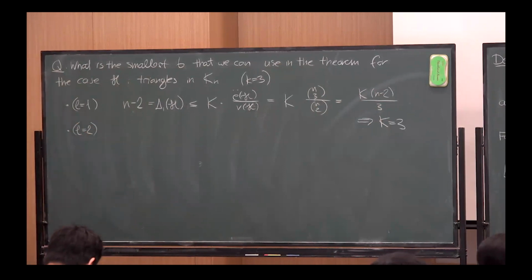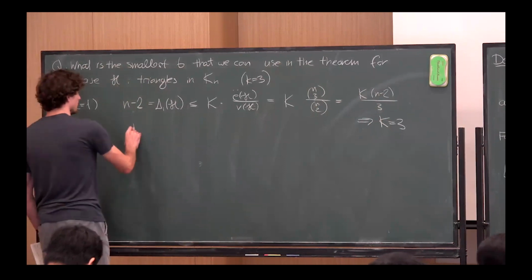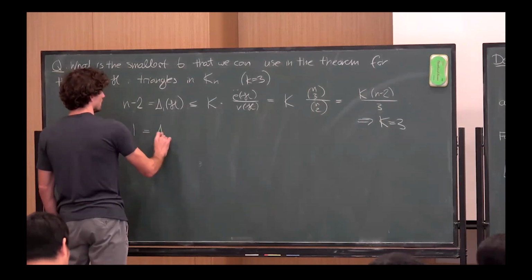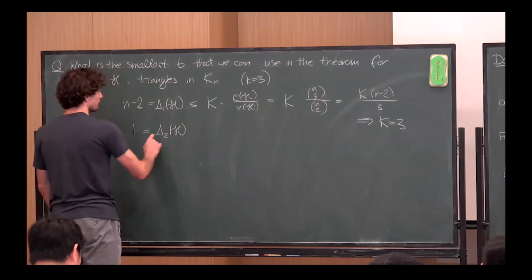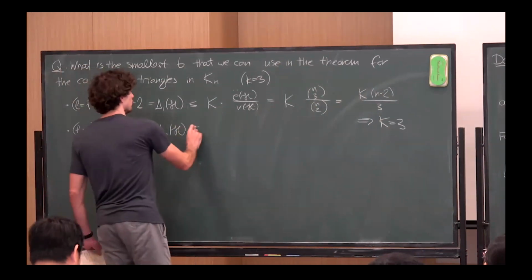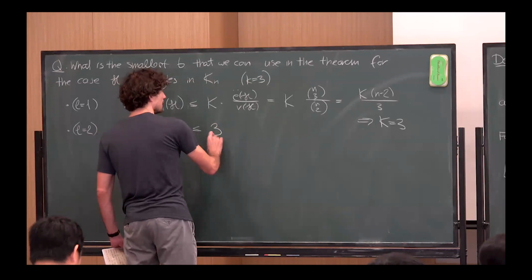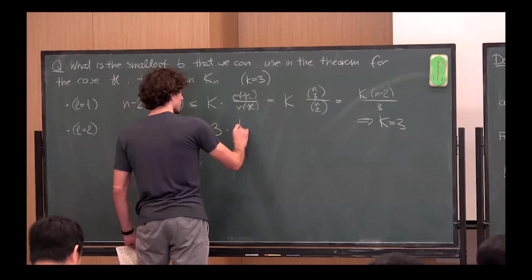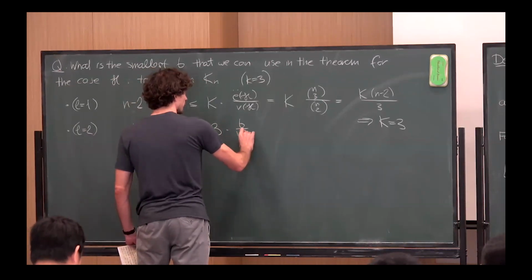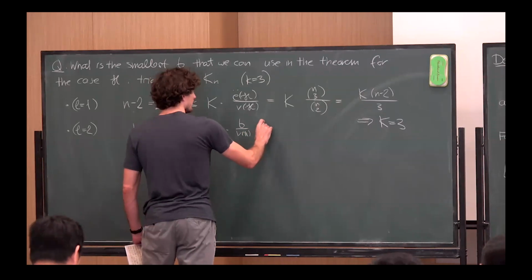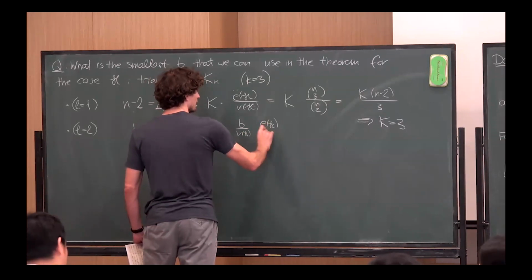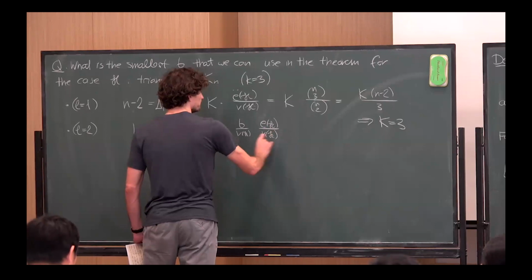Now, l equals 2. We ask the maximum 2 degree, which is equal to 1, to be at most now 3 times b over the number of vertices times the number of edges divided by the number of vertices.